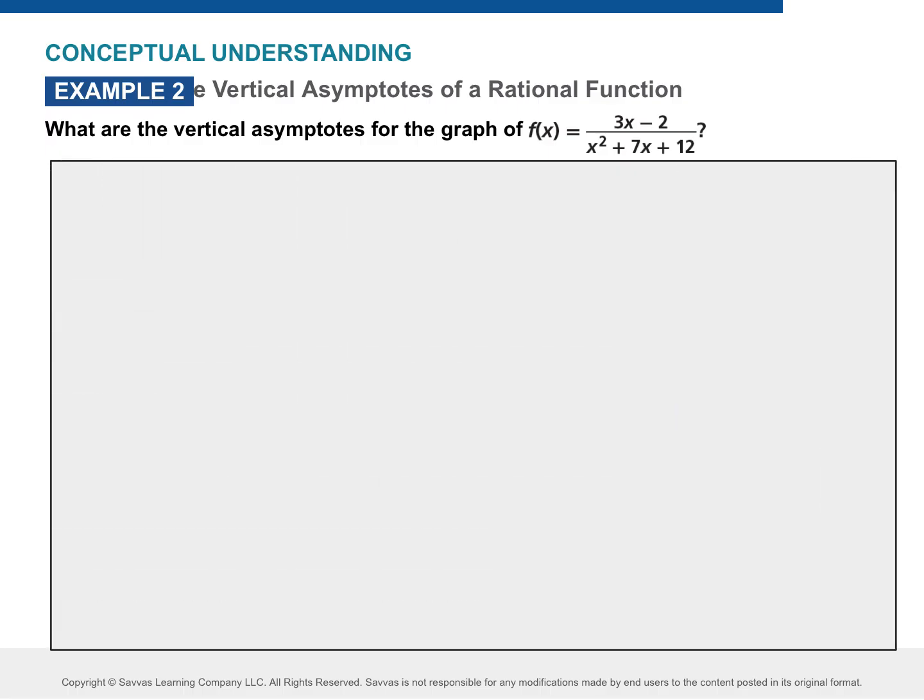So we have this rational function. What do I mean by rational? The term ratio. Rational functions are functions that are in fraction form. We have a numerator and we have a denominator. To find our vertical asymptotes, I want you to write this down. Vertical asymptotes.